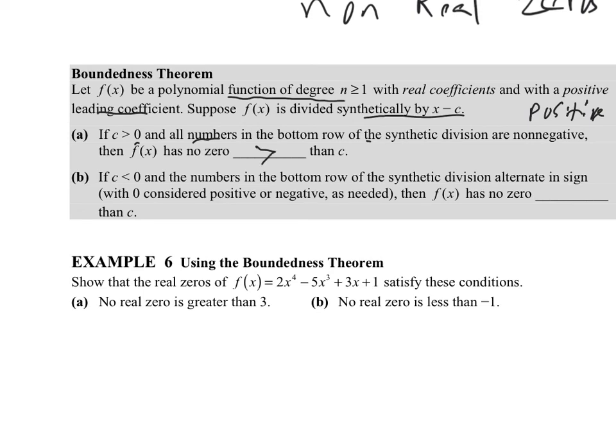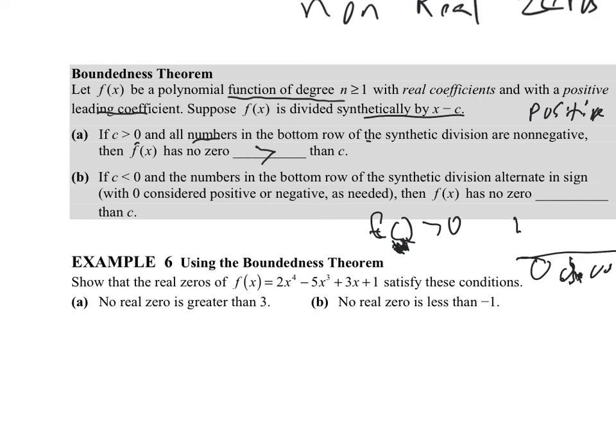So if f of c is greater than 0, then we check the bottom row, the answers, and check all those numbers. And if they are all positive, then you know that f of x has no zero that is greater than the c that I tried. It's bounded. That's the biggest zero there is. There's no zero bigger. Well, that wasn't even a zero. We're just saying whatever c that was tried.